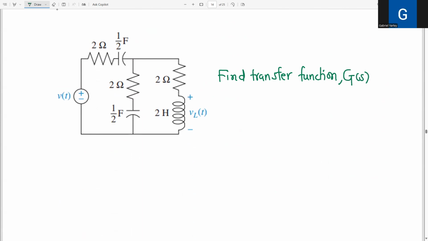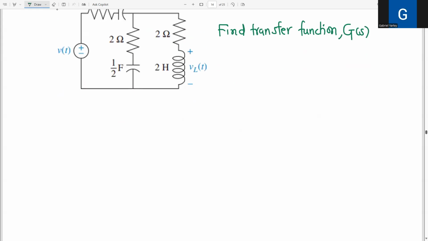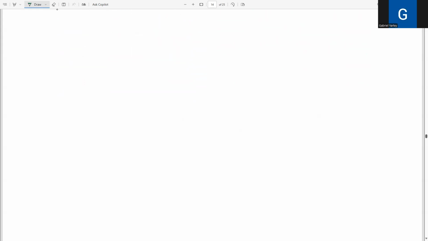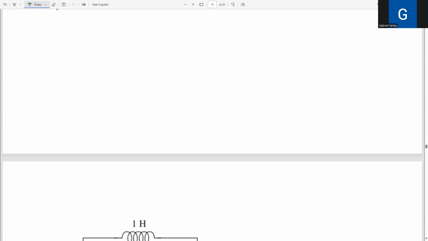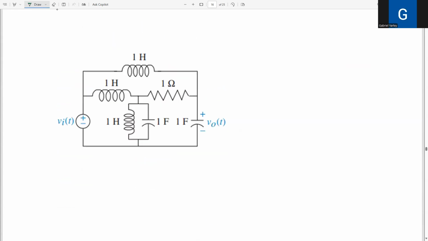I'm not going to write the answer here, but you just do it in a group setting. And this is for a 2 by 2 matrix, right? So for a 3 by 3 matrix, you can also try this one on your own and find the transfer function.